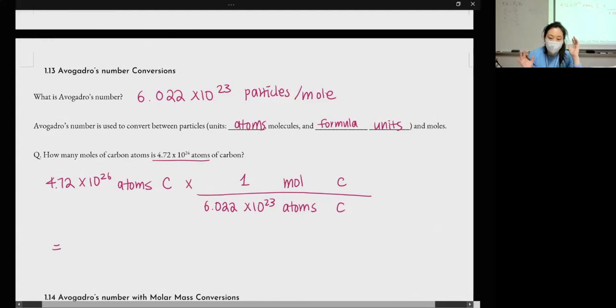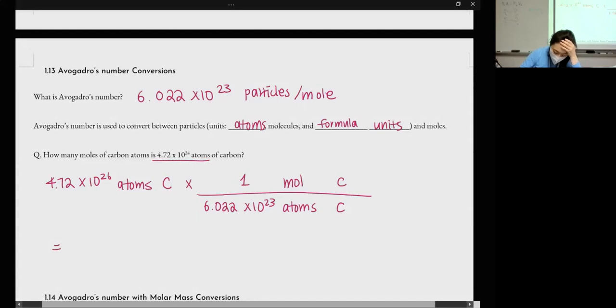Make sure you're putting these numbers into parentheses.